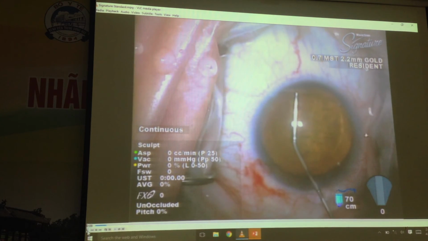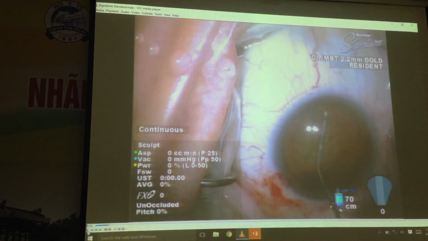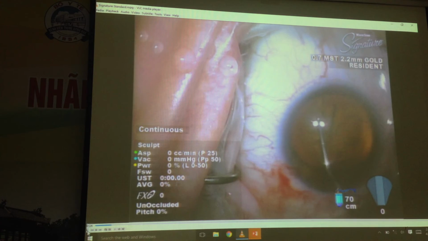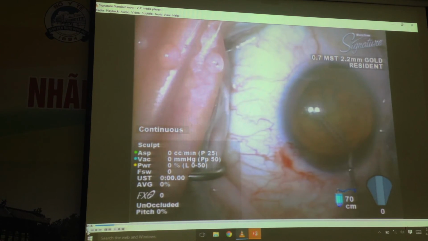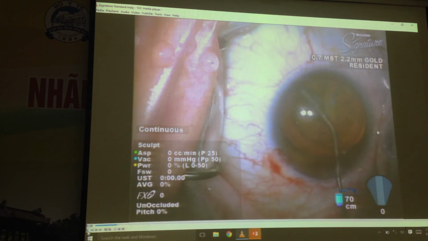So this is one of my residents doing phaco, and initially there's the hydrodissection and the hydrodelineation.